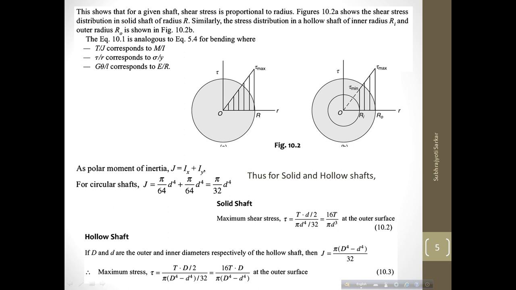So at the surface, when the small r radius is equal to the maximum radius, that is capital R, then tau is equal to tau max.